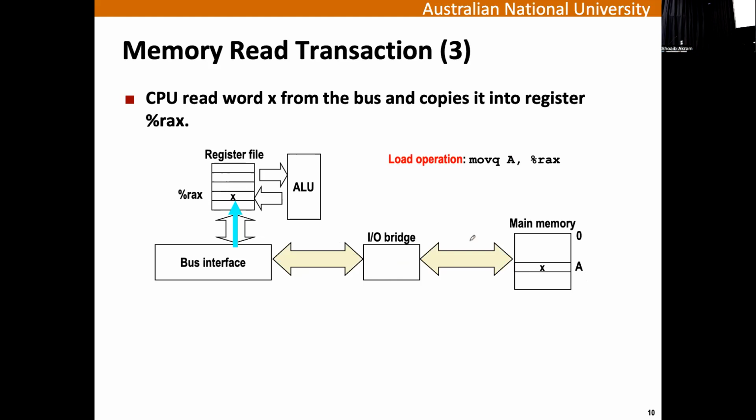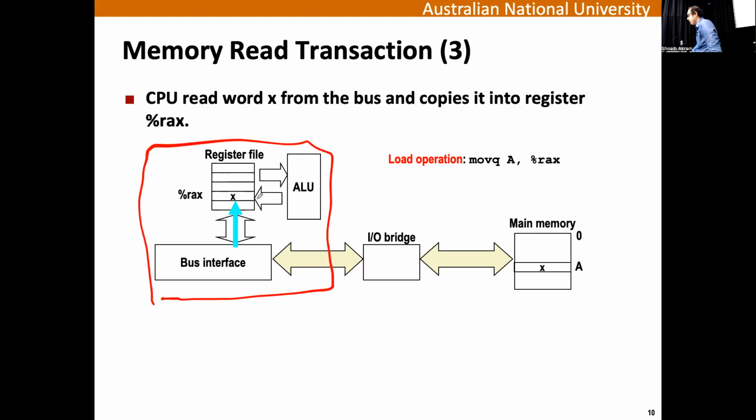Now, there are three things I want you to note here, and this will distinguish the behavior of input-output devices and memory. First of all, the CPU has kind of a direct access to memory.